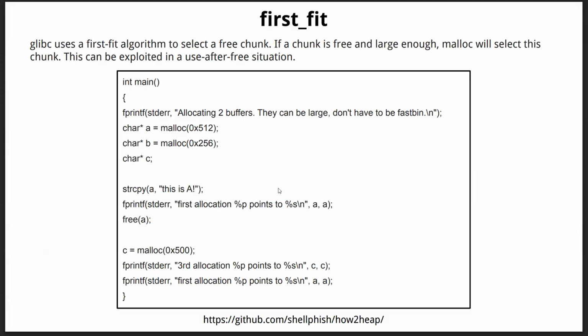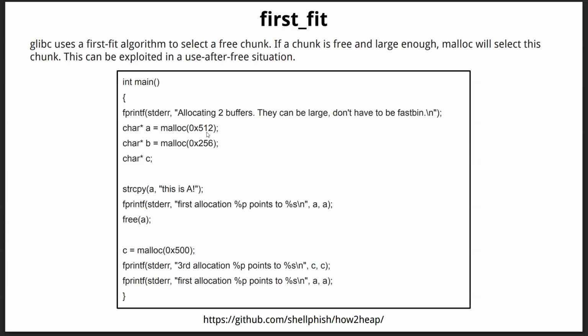In this example, we malloc two chunks. One is 512 in hex, another one is 256 in hex. They're just kind of random numbers. Then we free A here. After we free A, we will malloc another 500 in hex. That's 800 bytes. So previously we malloced something a little bit more than that, 818 bytes maybe.